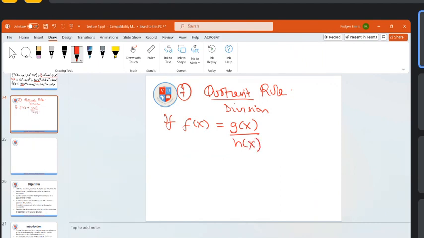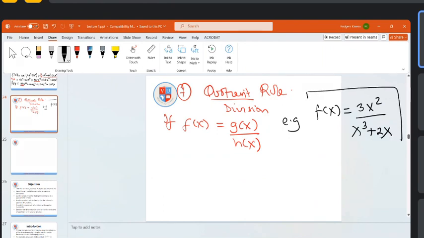That is division. Are we together? An example you can think about, e.g., if my f of x was 3x squared over x cubed plus 2x, this kind of setup is a division. Are we together? Yes, we are together, sir.